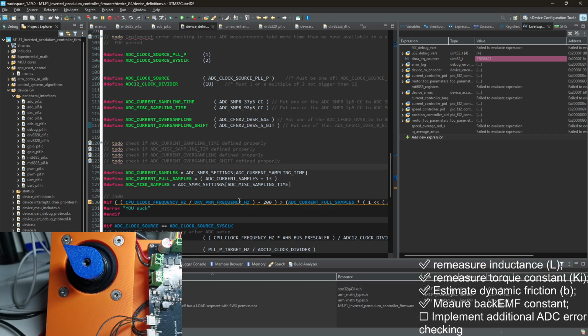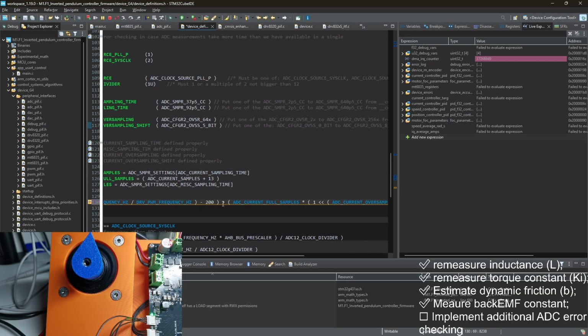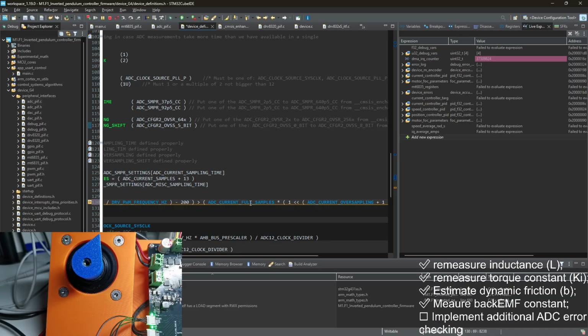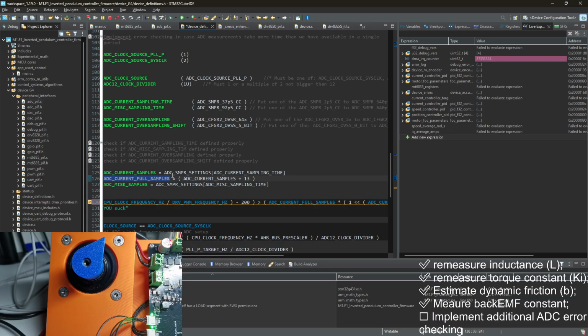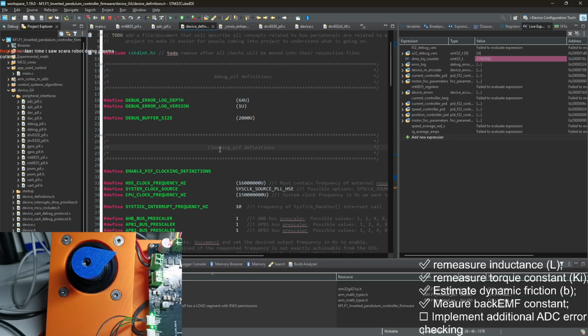Can you tell me? Do I have the correct number of parentheses? This one should be more than full samples. Okay.